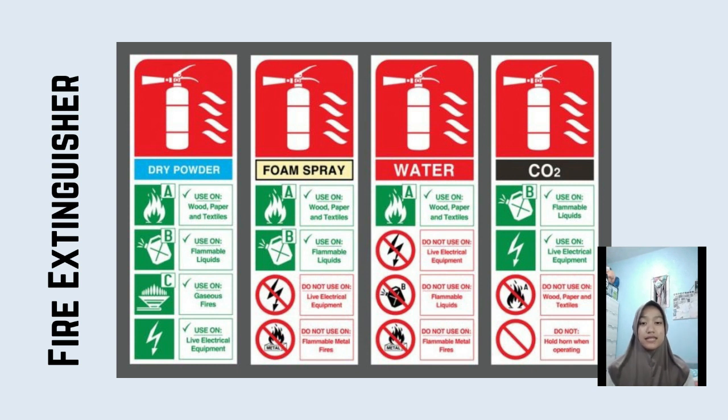Portable fire extinguishers allow people to extinguish the fire under a safe condition and distance before the fire spreads and becomes uncontrollable, so as to avoid more serious property and human life losses.